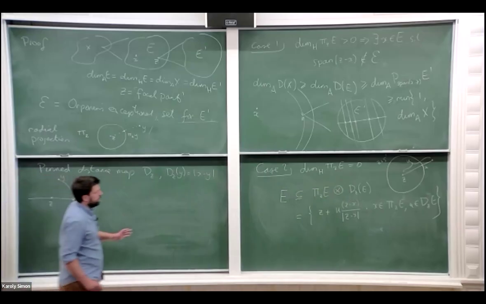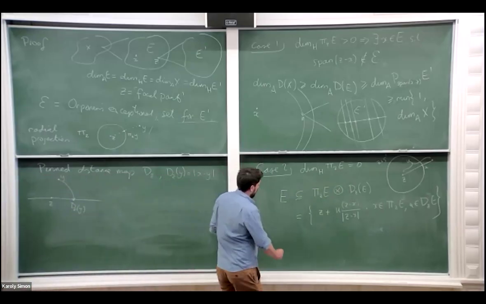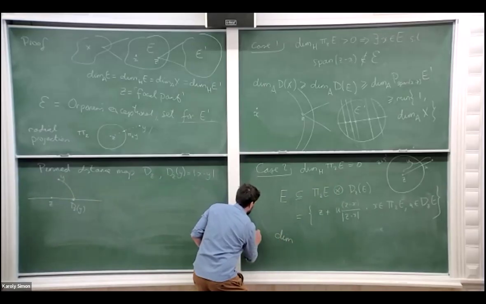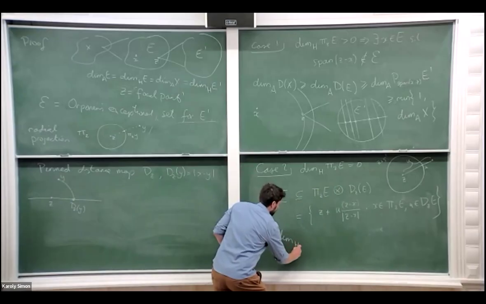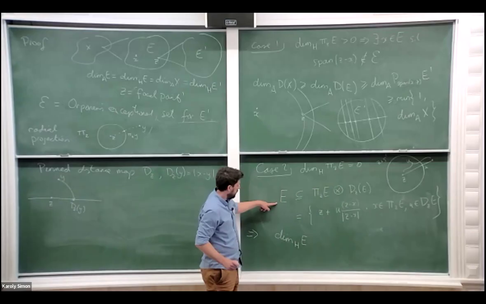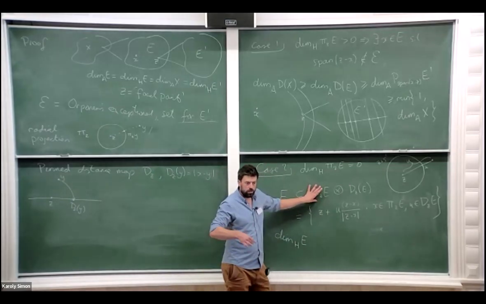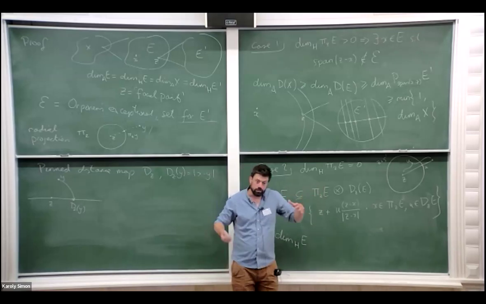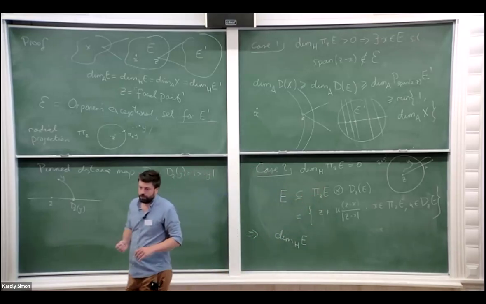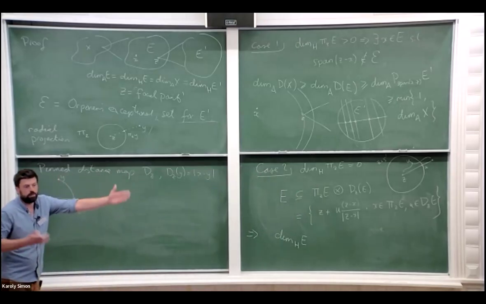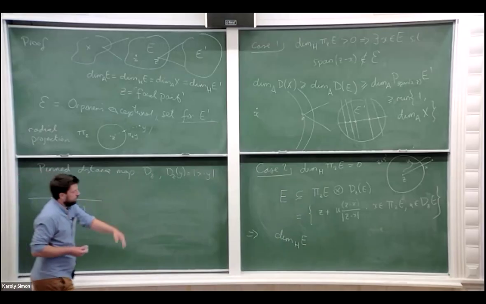So what this allows me to do is deduce that the Hausdorff dimension of E is certainly less than the Hausdorff dimension of this product. How do you bound the Hausdorff dimension of a product from above? Unfortunately, it's not equal to the sum of the Hausdorff dimensions, but you can bound it above by the Hausdorff dimension of one plus the upper box dimension of the other. So I'm going to do that.